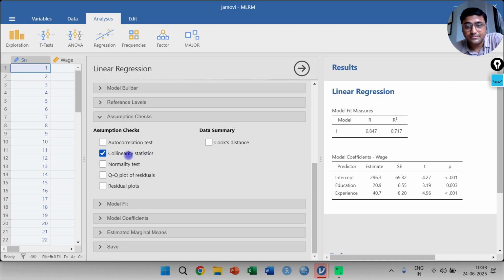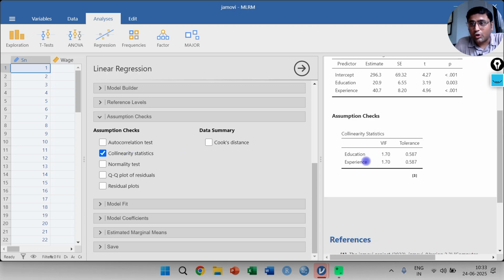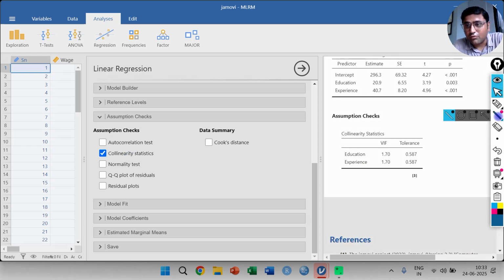So select this, and therefore it gives us the VIF value and tolerance value. Now you see the VIF value, it is almost 1 or 1.7, near to 1, and therefore we do not have the problem of multicollinearity.